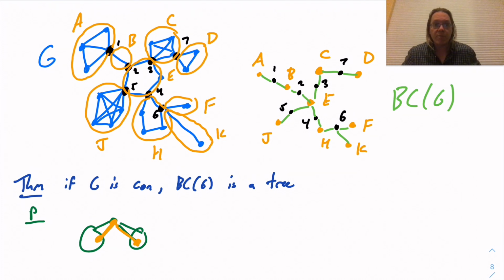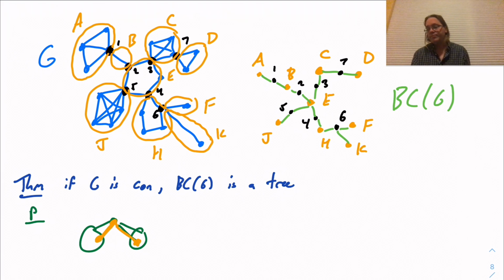As you move through that path in the original graph, you're either staying within a block or moving from one block to another along a cut vertex. So whatever that path does in the original graph, you can just basically mimic it. Each time you move in the original graph, you're making a move in this block cut point graph.